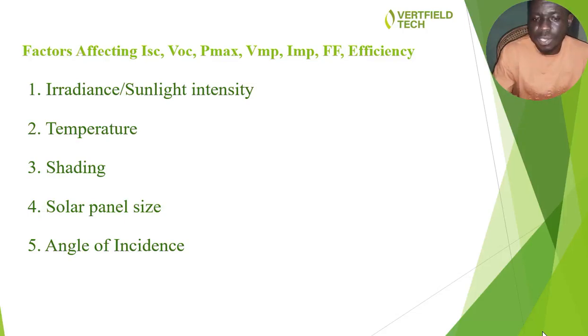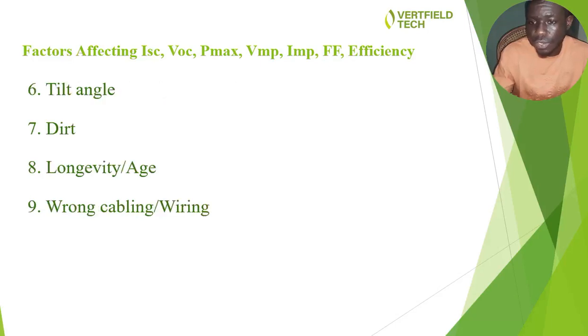Angle of incidence and angle of tilt are two similar parameters or factors that affect the performance of your solar panel in terms of the technical parameters. While your angle of incidence talks about the actual angles, angle 90, angle 45, your tilt angle tells you your geographical hemisphere where you are located.